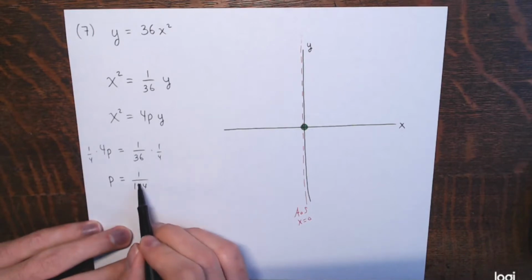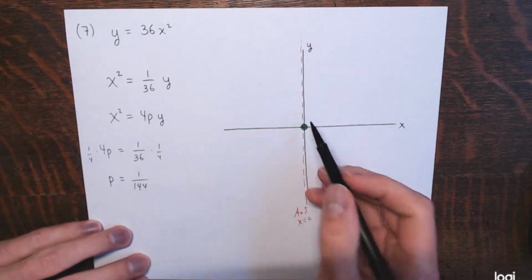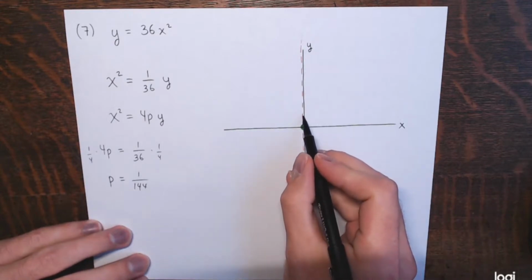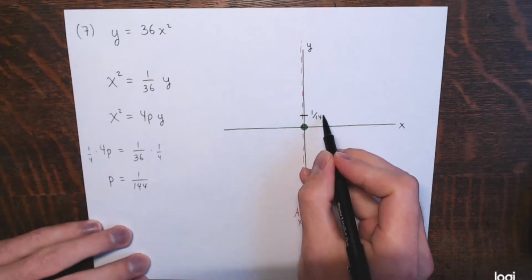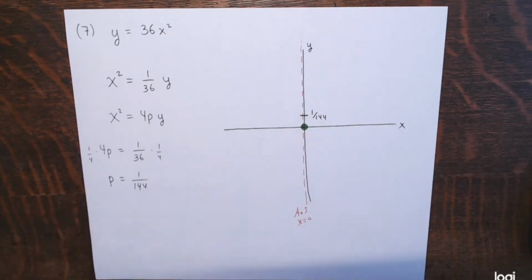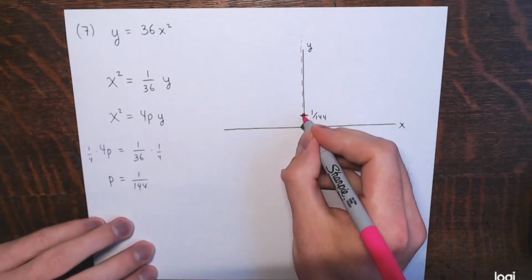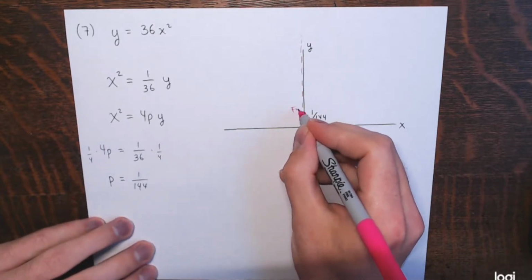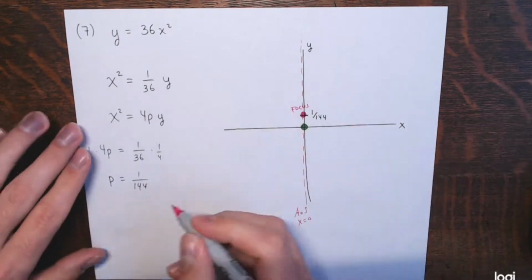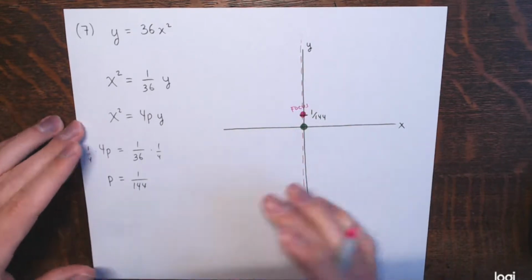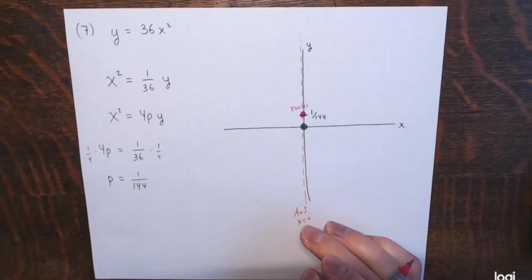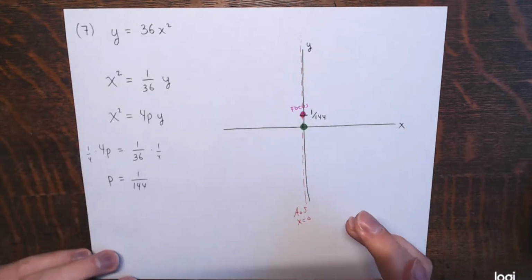And it's positive, and when we're talking vertical, positive is up. So I'm just going to do this. This isn't great, but this is 1 over 144, let's say. Very, very tiny. And that's where the focus is. And you'll notice that the closer the focus is to the vertex, the wider the parabola will be. I might actually show this one in Desmos just to show you how wide it looks.